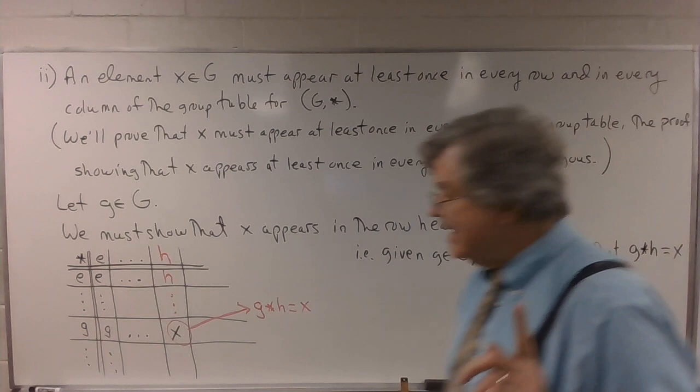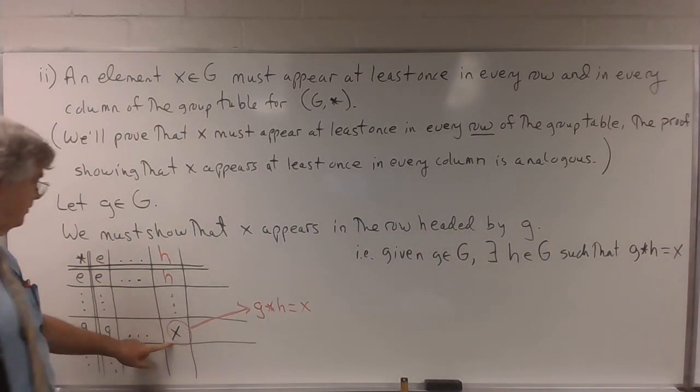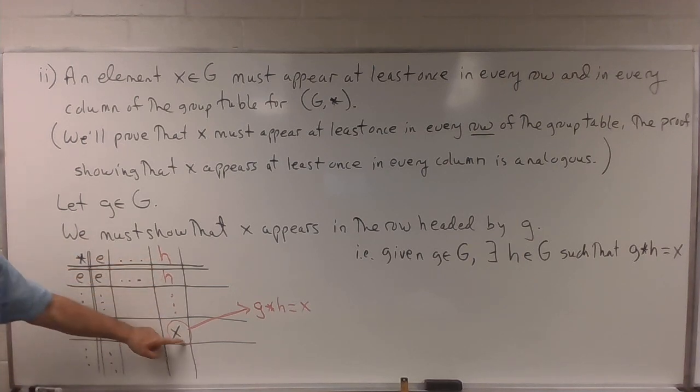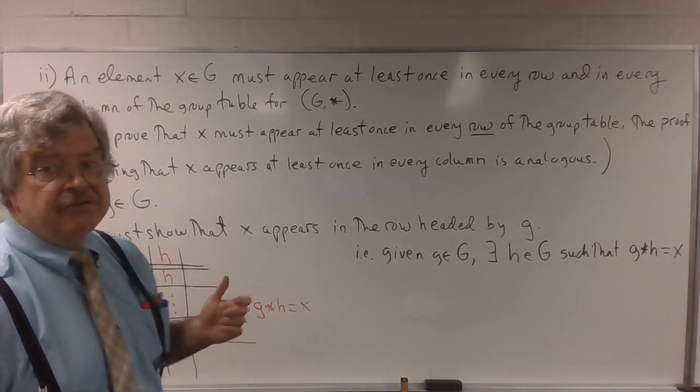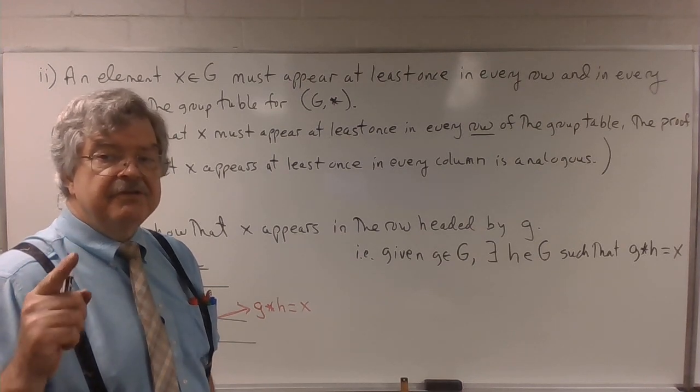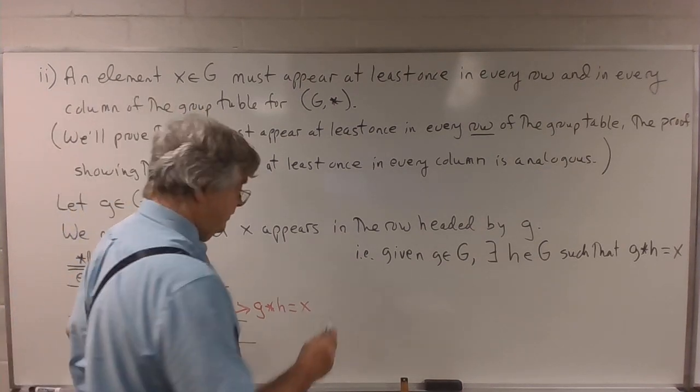To say that X appears in the row headed by g means that there exists an element h in the set G such that g star h equals X. So the question that we have to answer is, does such an element h exist?